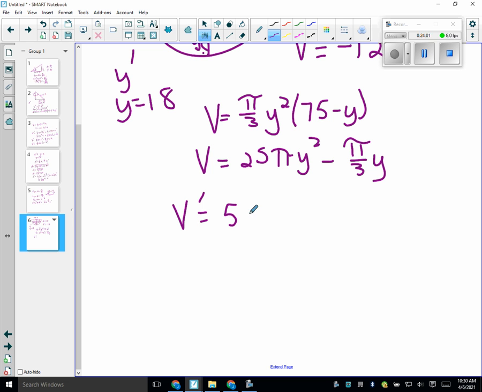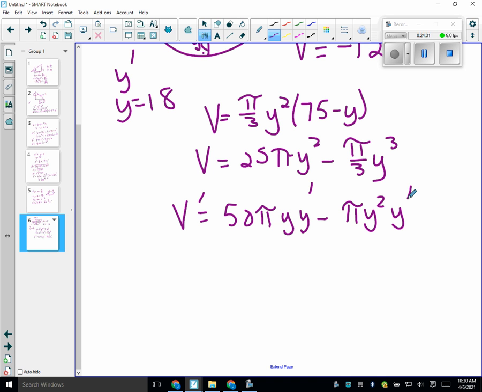V prime is 50 pi Y Y prime minus pi. Oh wait, should this be a cubed? Yes. Okay. Pi Y squared Y prime. Where the 3 goes in the front? You multiply by 3, don't you?